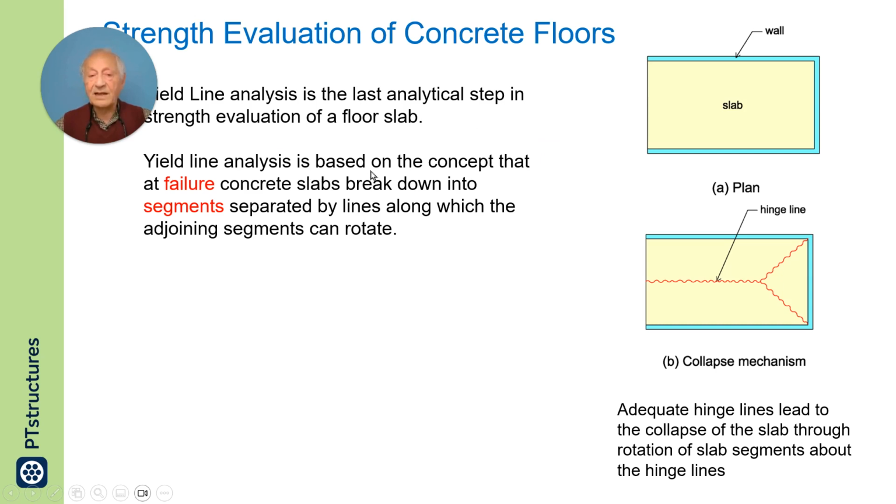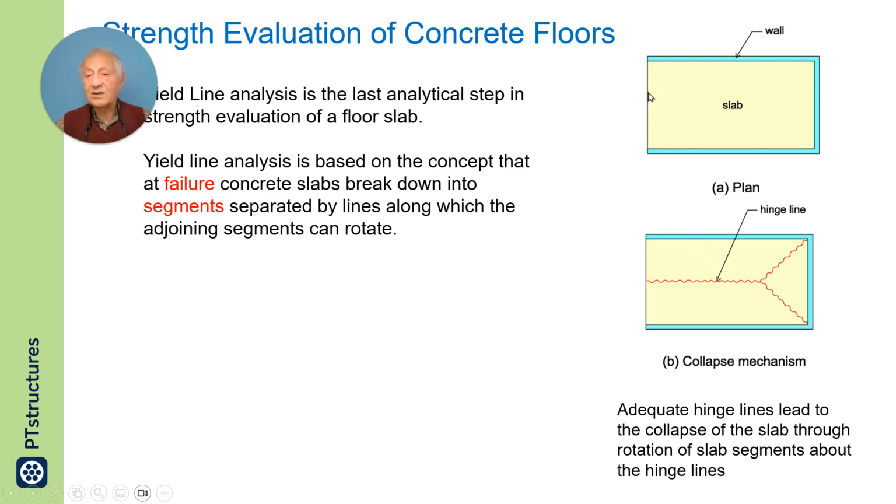Yield line analysis is based on the concept that at failure, concrete slabs break down into segments separated by lines along which the adjoining segments can rotate.